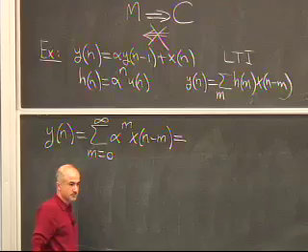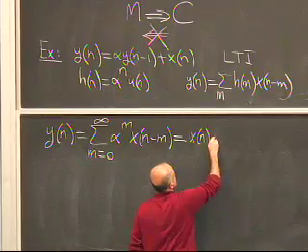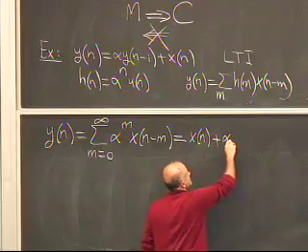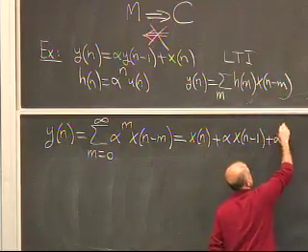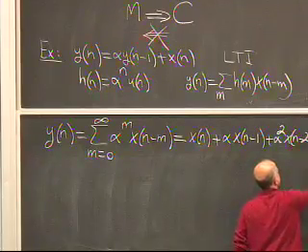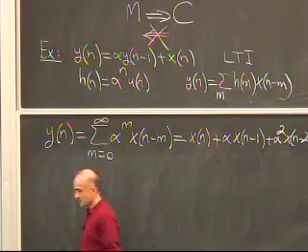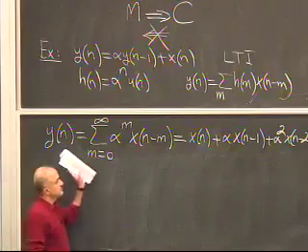Start with m equals 0. x of n plus alpha x of n minus 1 plus alpha squared x of n minus 2, and so on. Okay, so if you were to write the input-output description of the system in a non-recursive way, this would be it.